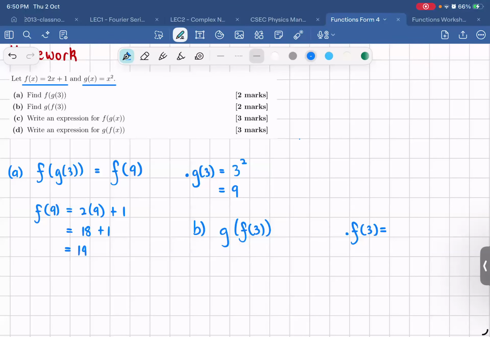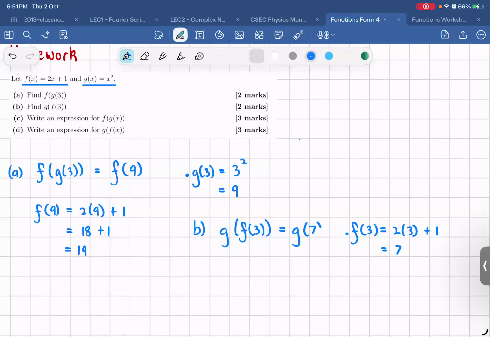So anywhere I see x in f of x, I'm going to replace it with what? 3. So instead of writing 2x, I'm going to write 2 by 3, plus 1. 2 by 3 is 6. 6 plus 1 is 7. Nice.